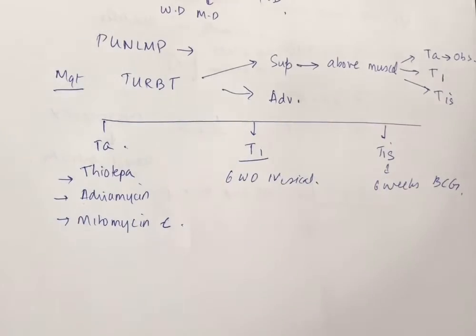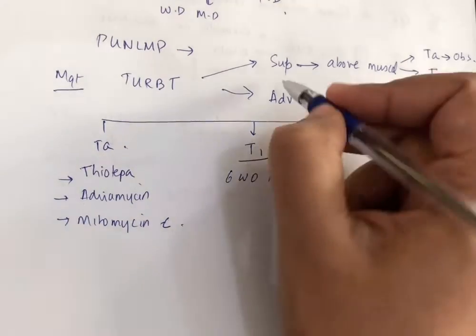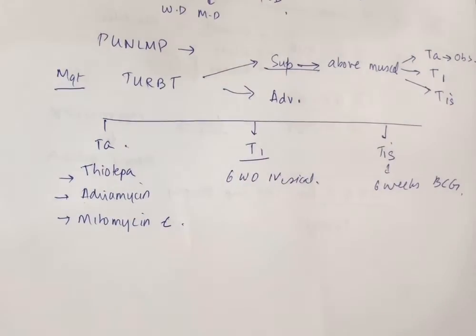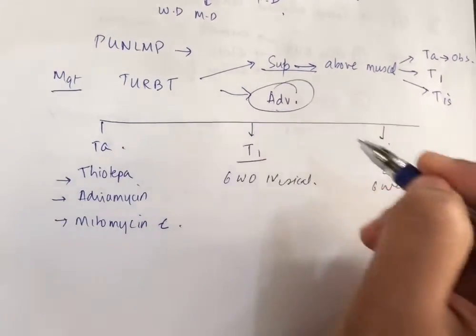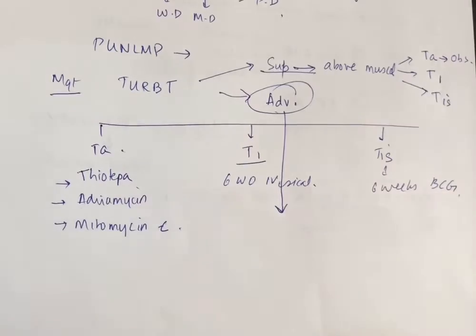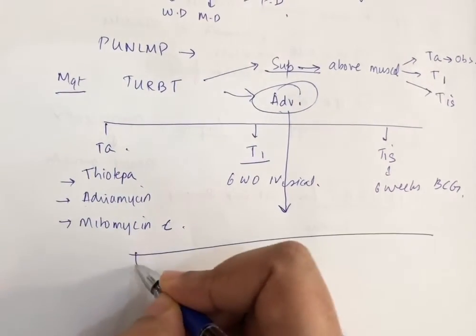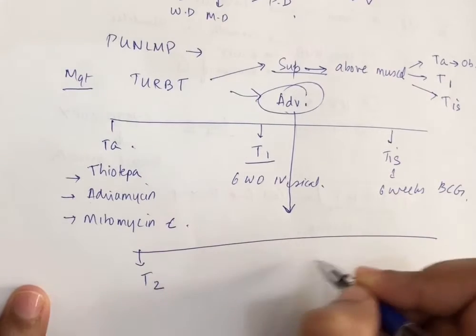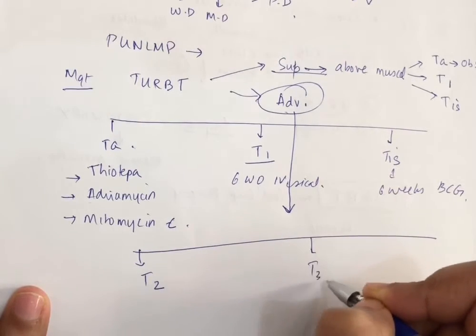So that is all superficial bladder cancer, above the muscle layer. Now coming to advanced bladder cancer, we said it is T2, T3 and T4.